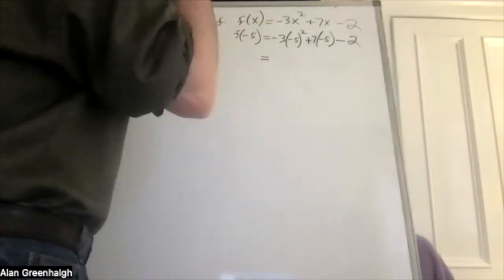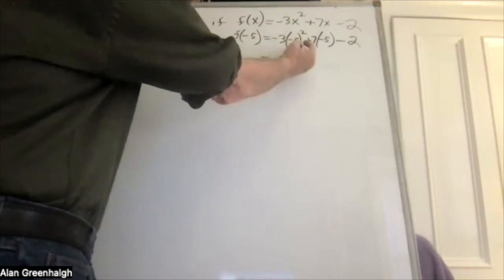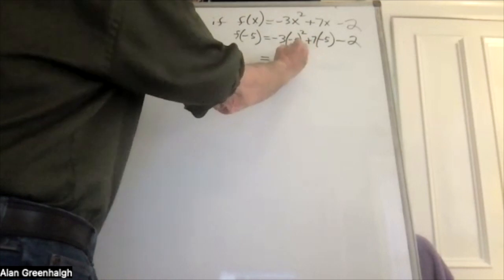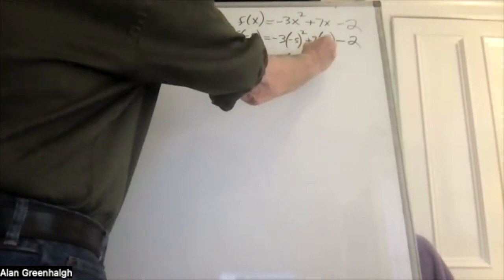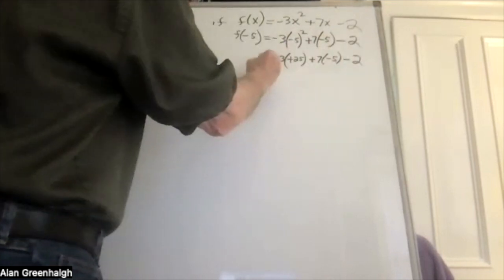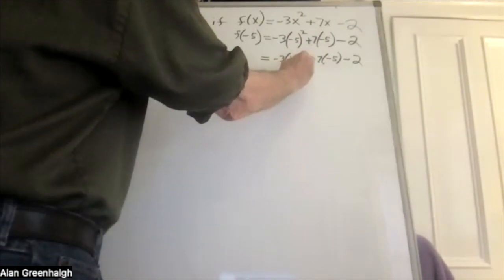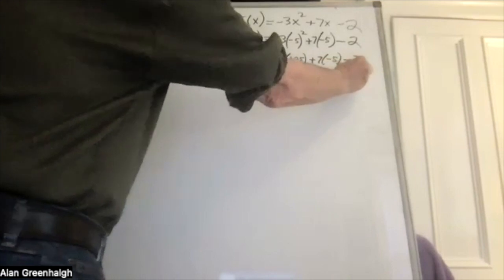Then the order of operations tells us that we do exponents first. So -5 times -5 is positive 25. Bring everything else down. So this is -75, -35, -2.